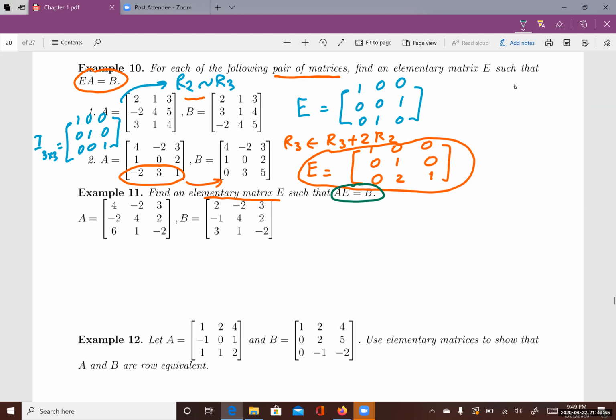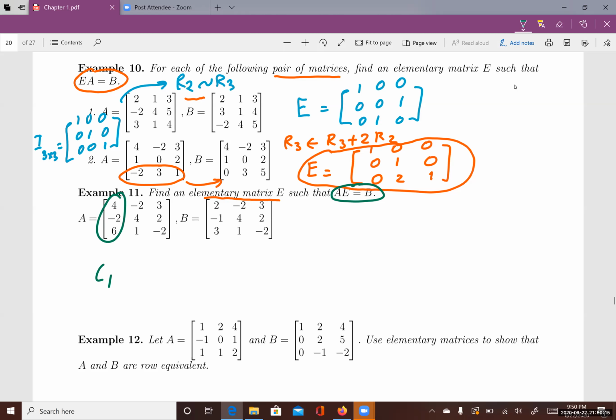The first columns are not the same. The second column is the same, and the third column is the same. That means the first column has been changed. How does it change? You see, there's an option: column 1 is 4.